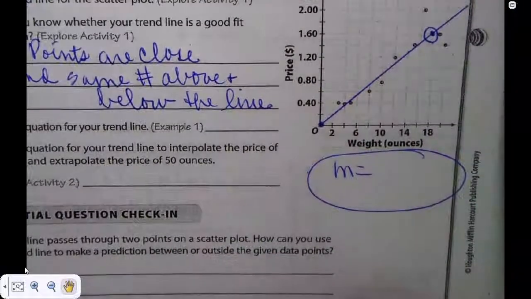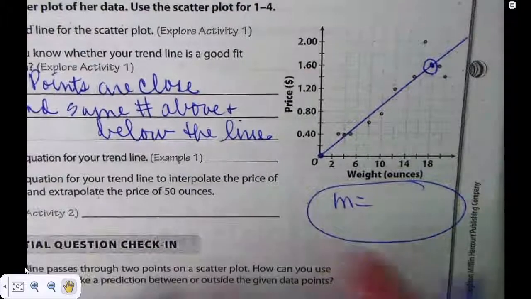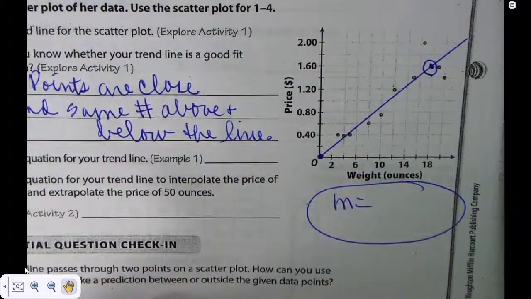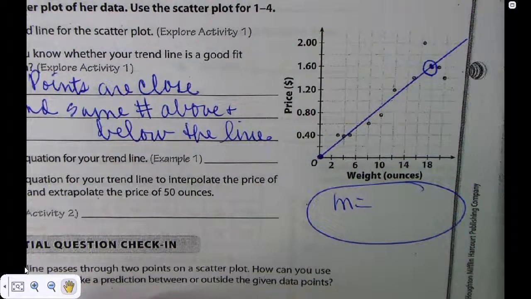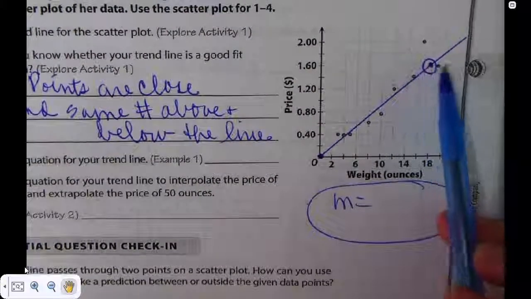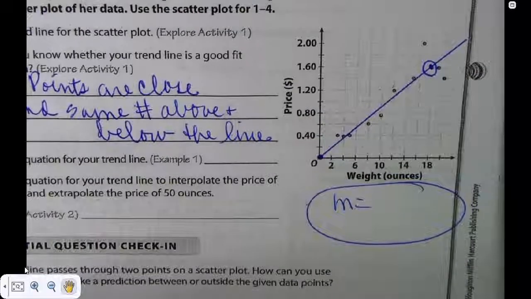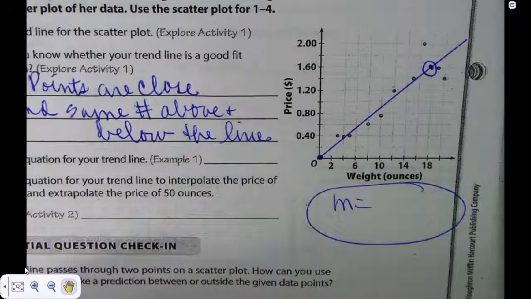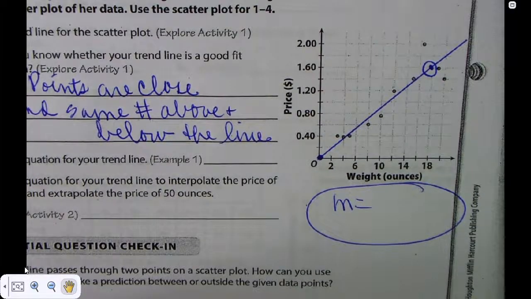Does everybody have 18, 1.6 on their line? If you don't, let's all use the same one. Just put a point there at 18, 1.6. It should be close to your line if it's not exactly on it.